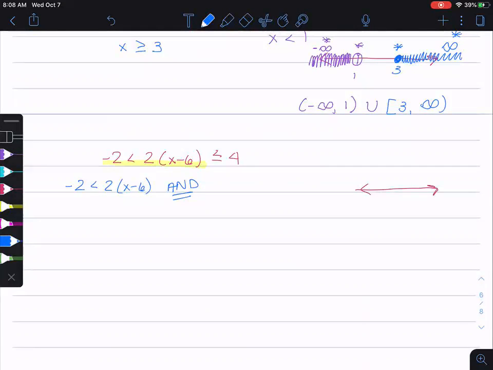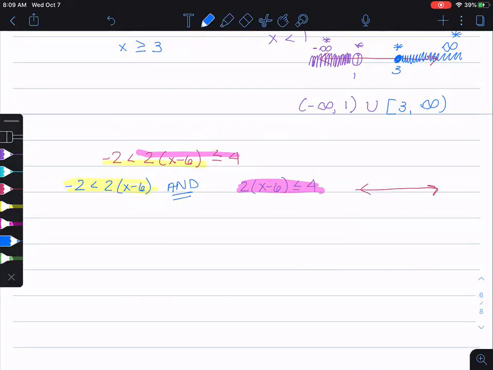If I have this other side, I'm going to start at the number, hit the inequality, and keep highlighting until I see that next inequality and I stop. I can't have 2 inequalities in my problem. So I write that one down. What I have highlighted is 2 times x minus 6 is less than or equal to 4. So I'm going to end up solving that one. This yellow one is here, and this pink one is here.